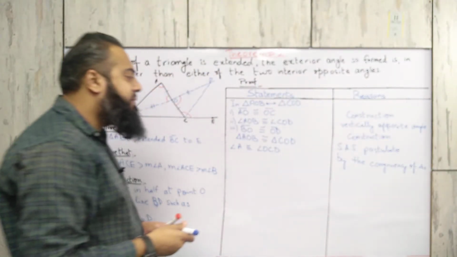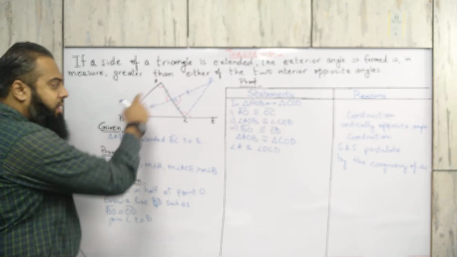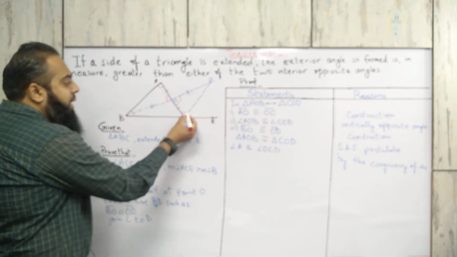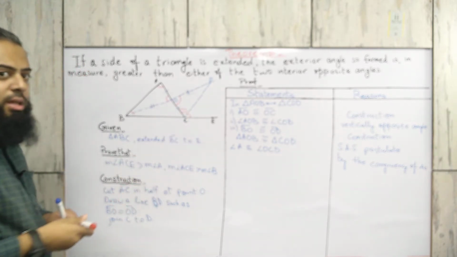By the congruency of triangles, you can clearly see that angle A will be congruent to angle OCD. This one angle, this angle OCD.